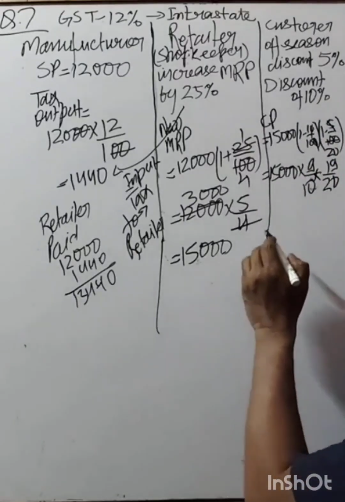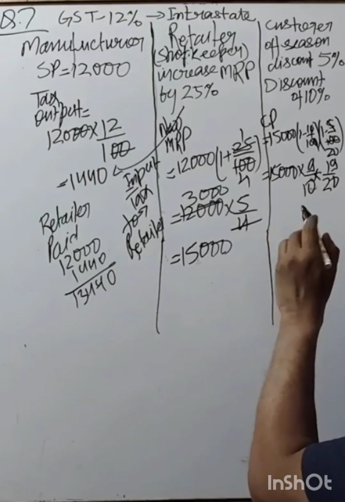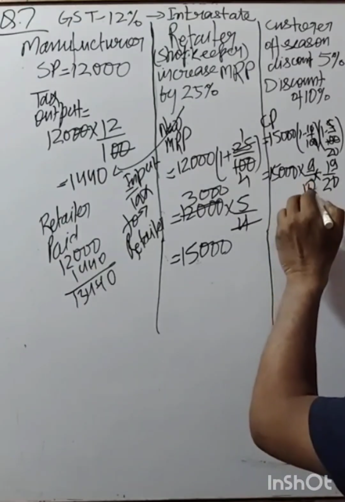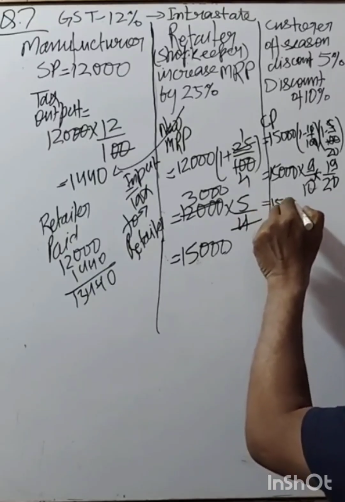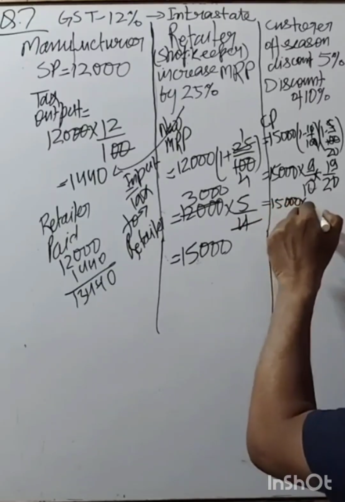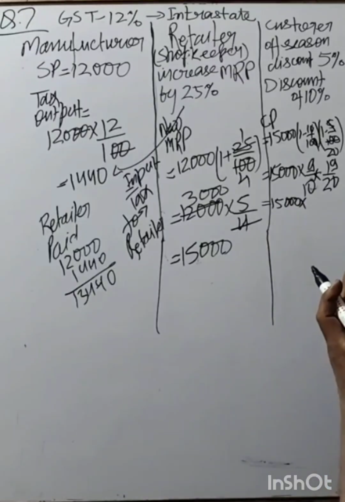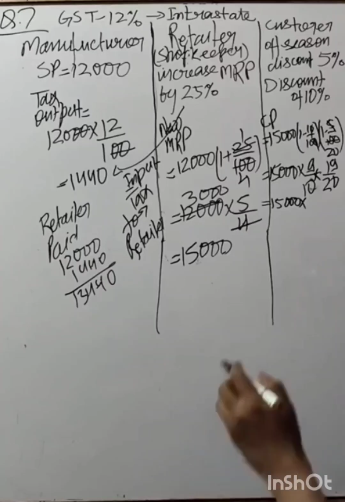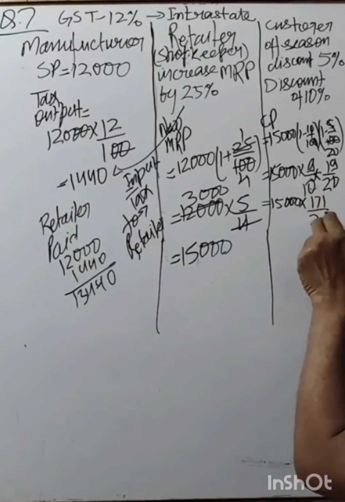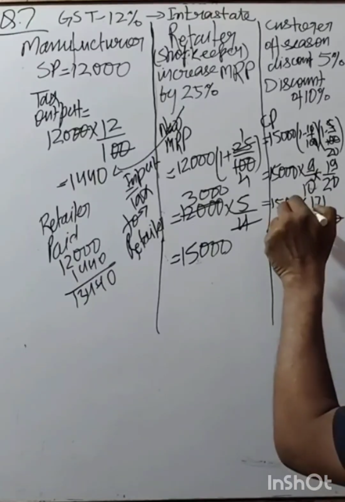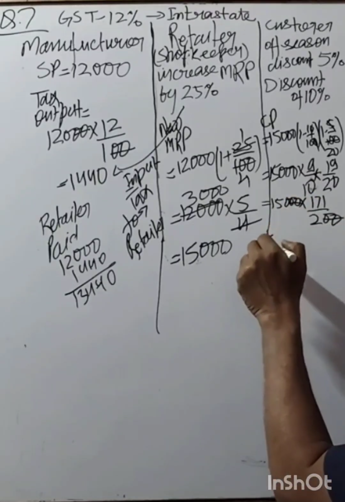Now we can write here 15,000 into 171 upon 200. 200 is gone.